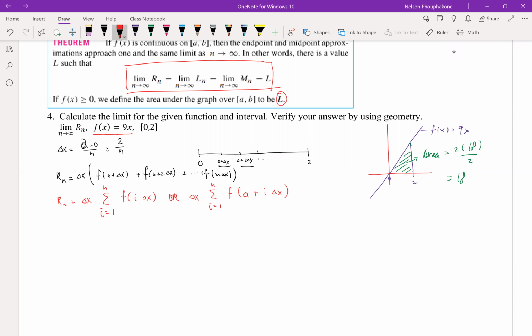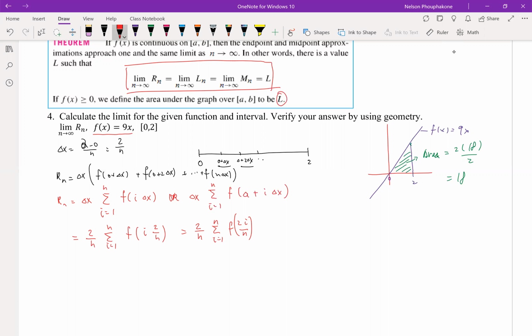And so we will have delta x. We could actually go with the numbers now: 2 over n times the summation i is from 1 to n of f of i times 2 over n. Okay, this is better.